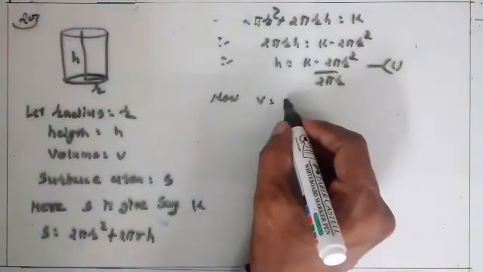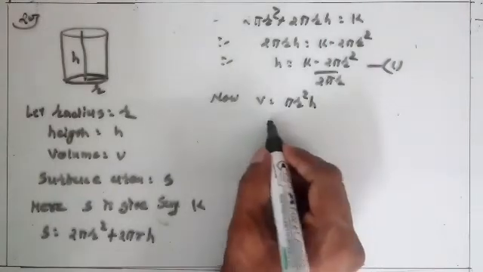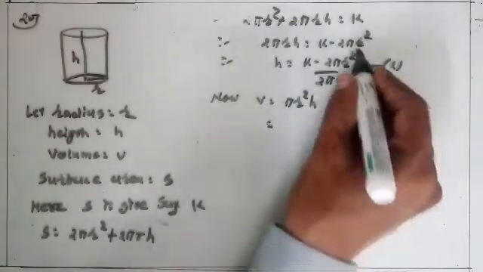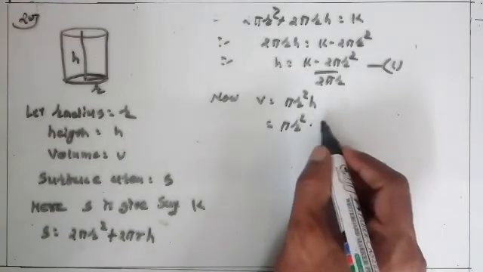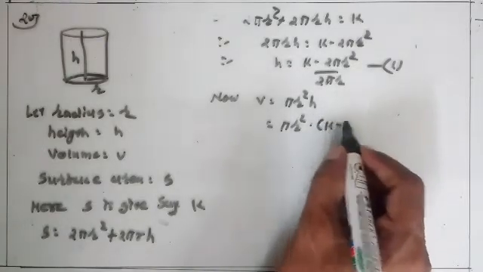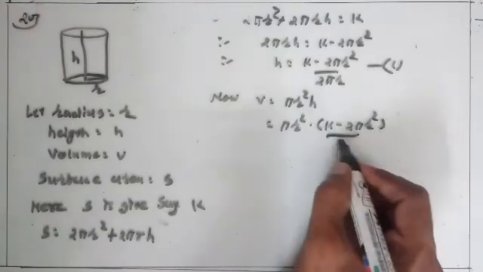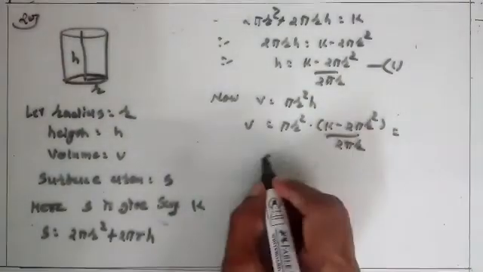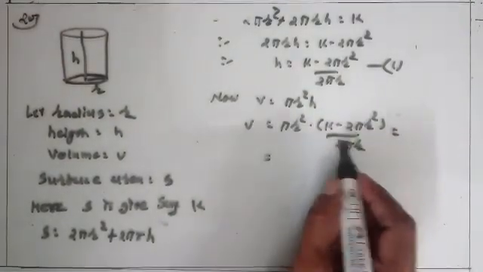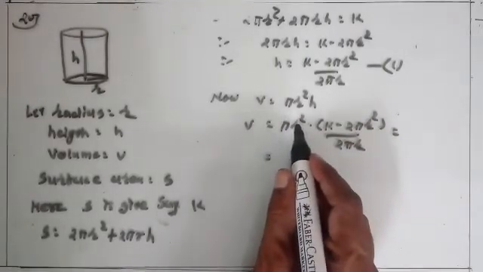Now volume is equal to, we know that volume of a cylinder is equal to pi r square into h. So change it into r form. So pi r square into k minus 2 pi r square upon 2 pi r. Now here pi cancels, one r cancels, and the remaining r take inside.